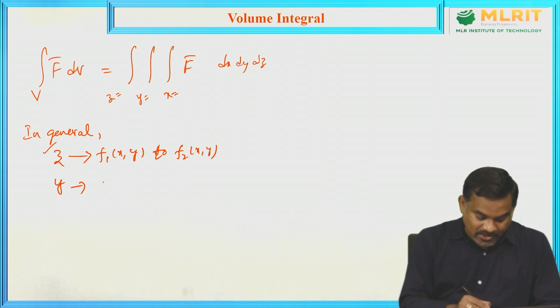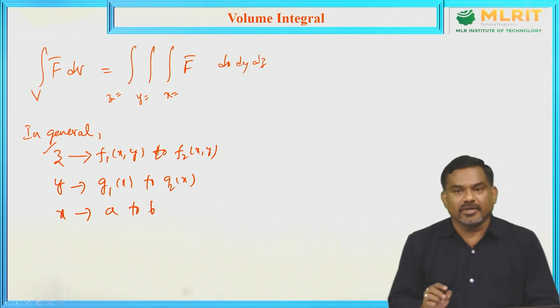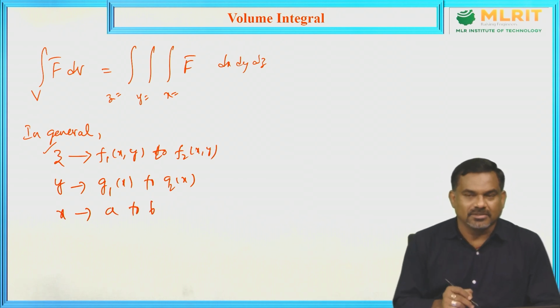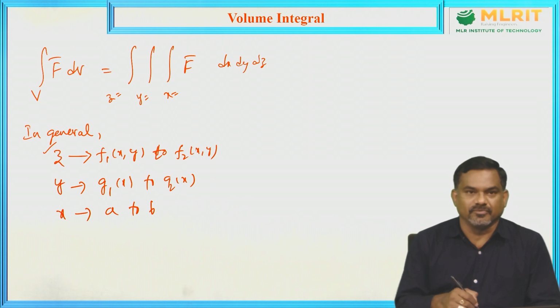So y changes from g1 of x to g2 of x and x changes from constants a to b. If the last limits are constants, then we can obtain the numerical answer of the given volume integral. So in general, we consider the limits in this way.